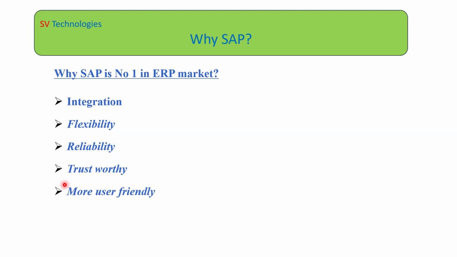So as a part of SAP project implementation, we will encourage, motivate, and explain, and we will provide training to the end users: how to use the system, and how they can utilize it more effectively. After implementing the SAP project, if the users start using the SAP system effectively, then the project will be successful.